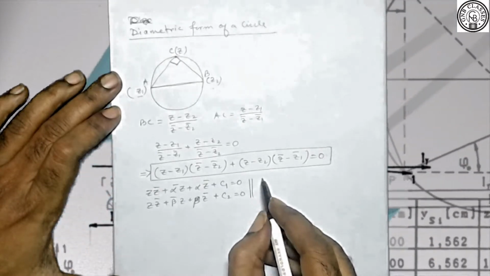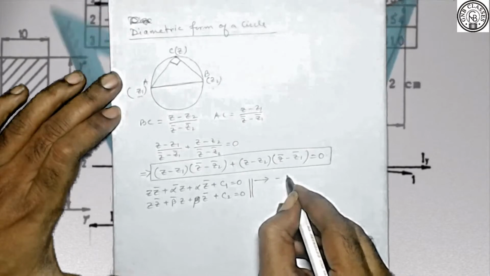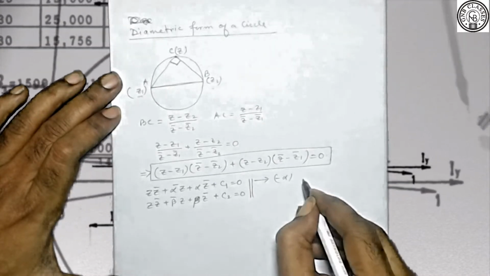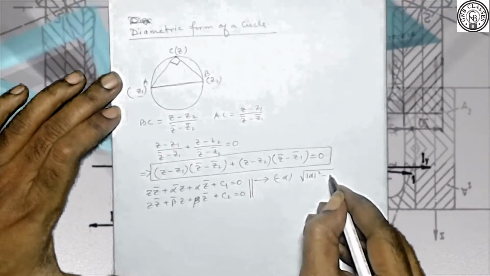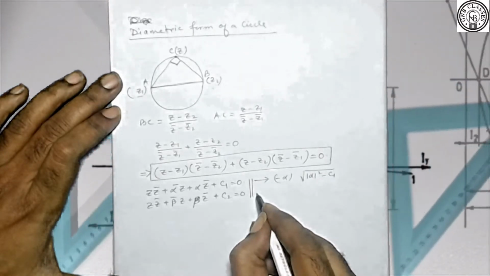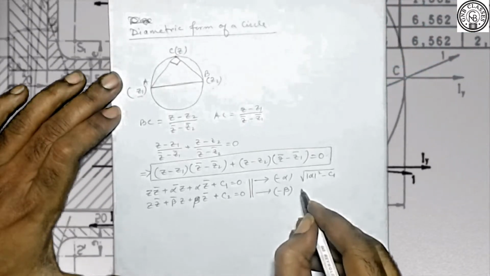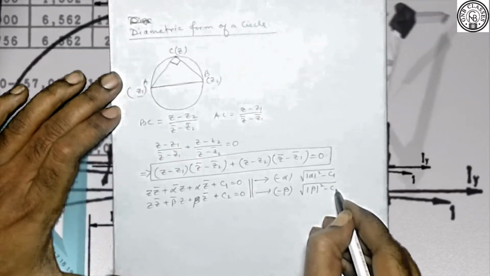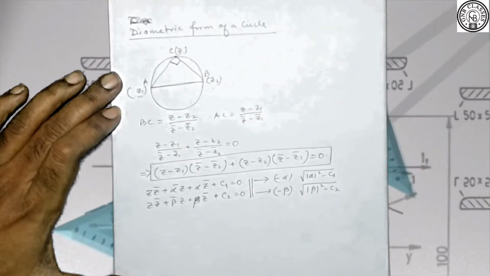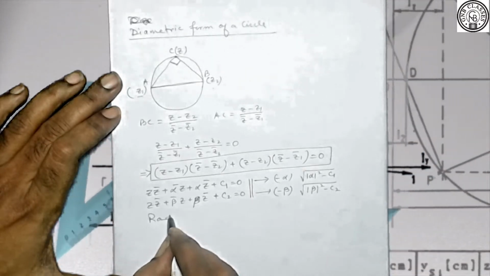Now the first circle has its center at minus alpha and radius as mod of alpha square minus C1, and the second circle has its center at minus beta and radius mod of beta square minus C2. Is it clear? Now, my question is, what is the equation of its radical axis?